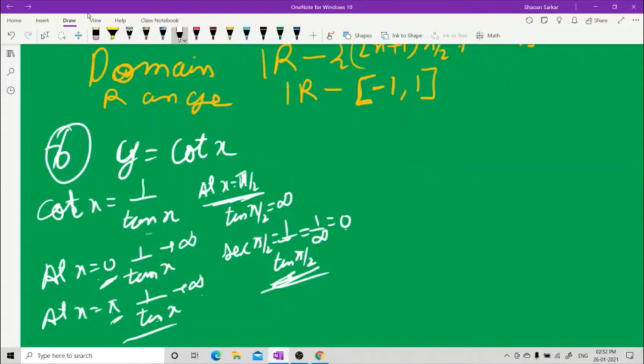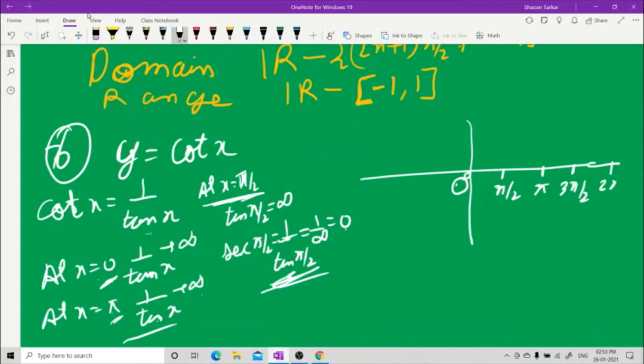Now let's draw the graph. The graph is like this. You have your 0, this is your pi by 2, this is your pi, this is your 3 pi by 2, and this is your 2 pi. Similarly, here you have minus pi by 2, minus pi, minus 3 pi by 2.